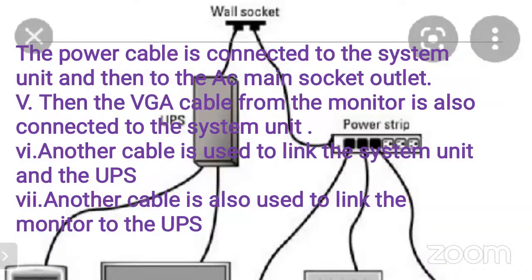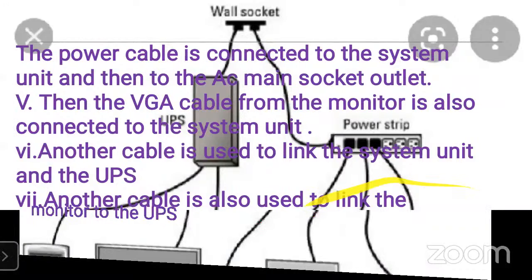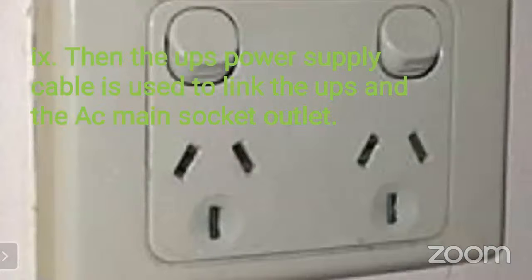Another cable is used to link the system unit and the UPS, and another cable is used to link the monitor and the UPS. Then the UPS power supply cable is used to link the UPS and the AC main socket outlet, as you have seen.